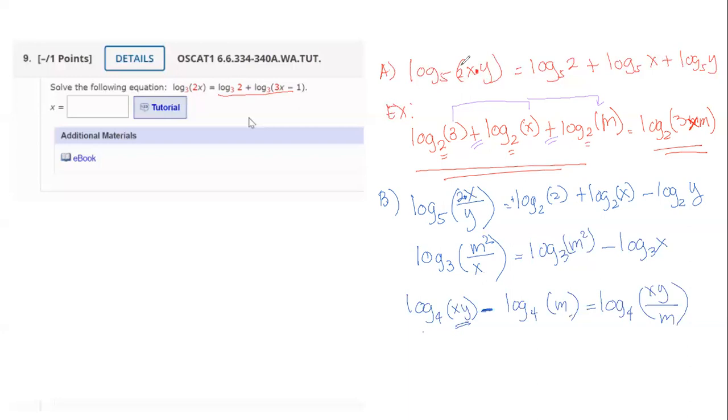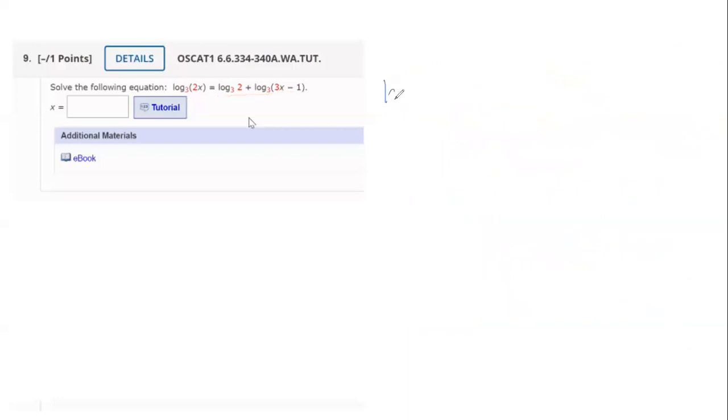Okay, so I'm going to make an example problem similar to this. Let's say log 4 3x equals log 4 5 plus log 4 (2x plus 2). Now, equal sign, let's check how many logs.